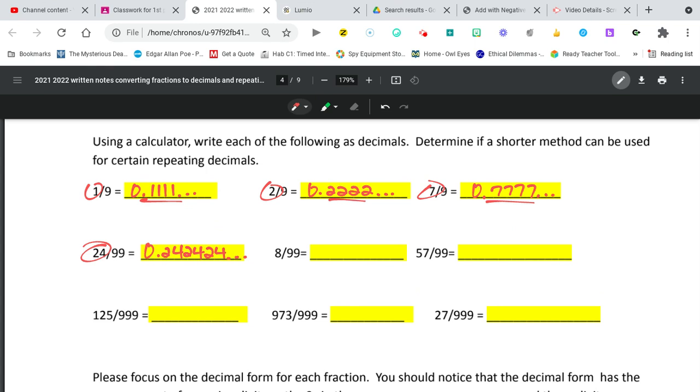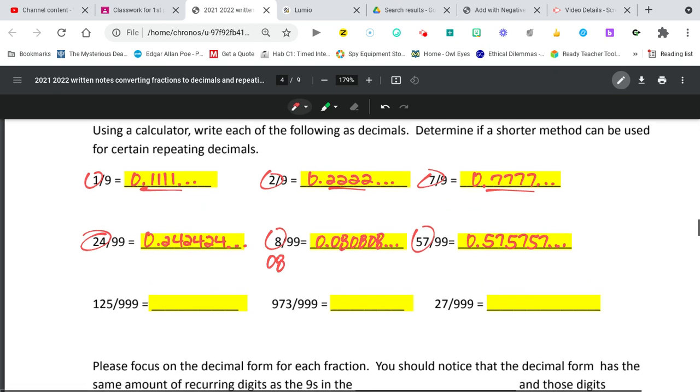Okay, 8 divided by 99. 0, 8. 0, 8. It's my numerator, but with a 0 in front of it to still represent 8. 57 divided by 99. This is what I get. It's this numerator again.